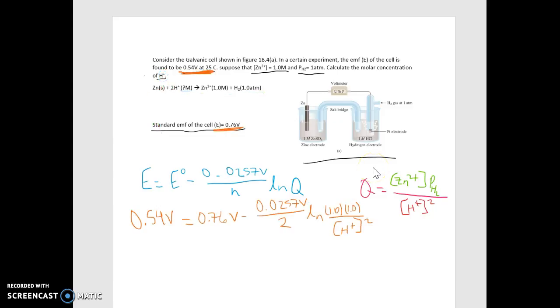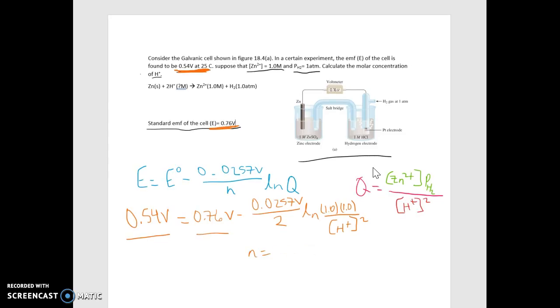Here I just plugged in everything that they had given me already: the non-standard EMF, the standard EMF, and then for the n here, it's not moles. I know normally it's moles, for example when you're trying to find molarity, but here the n is the number of electrons transferred within the reaction.